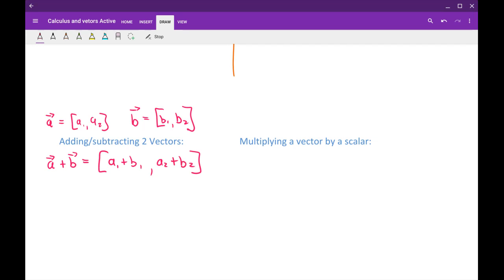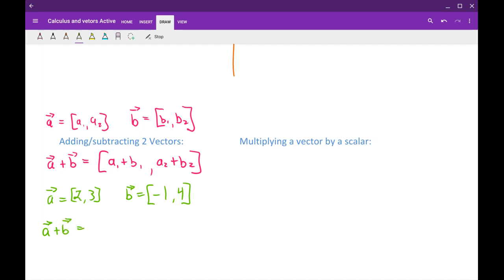So let's do that with an example. Let's say I've got a vector A that's 2, 3 from above. Now I'm going to introduce a new vector B. Let's call that negative 1, 4. Now I'm going to say, what is A plus B?